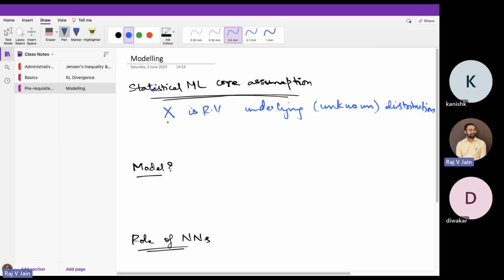And whatever images you have got, for example if X is an image, are samples from this particular random variable.